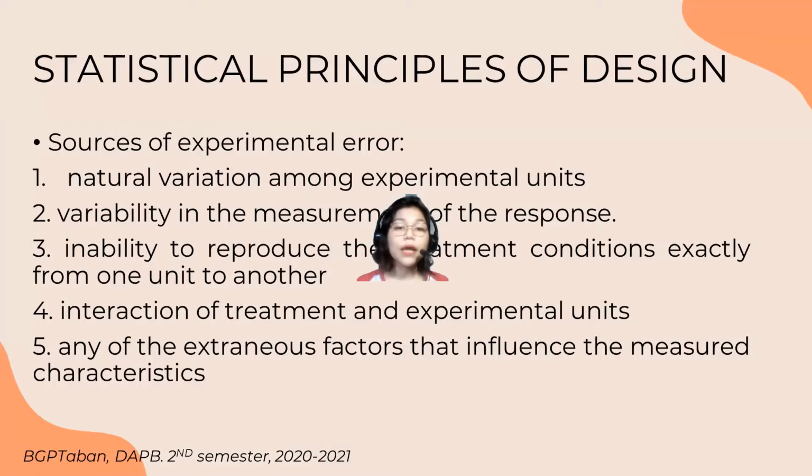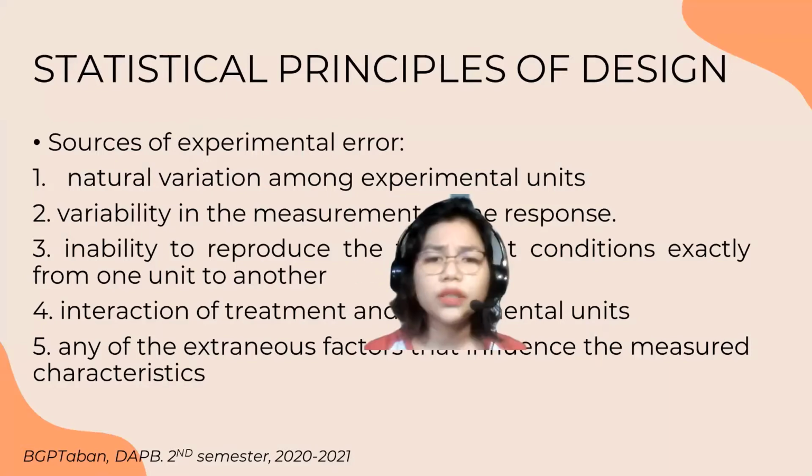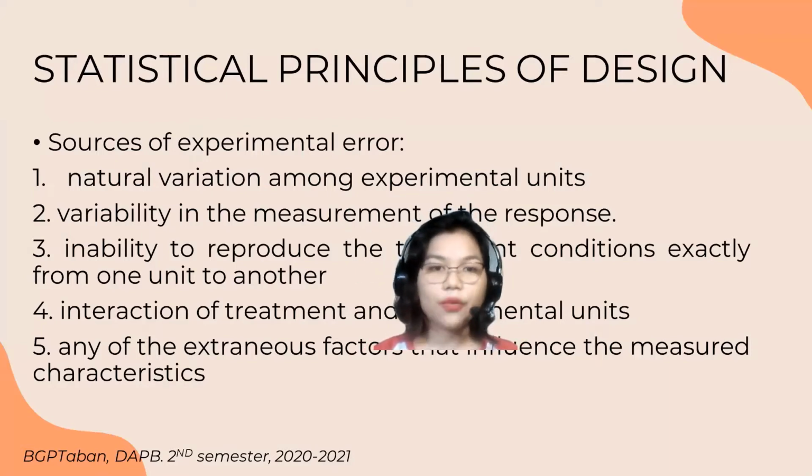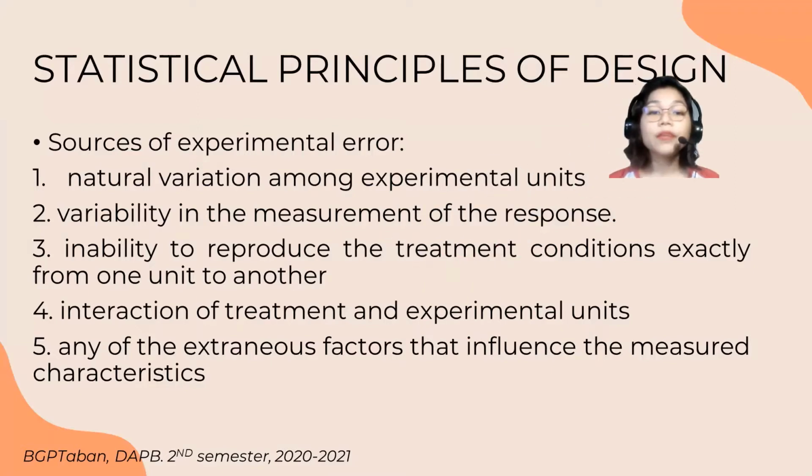Another thing. Now, let me ask you, what are the sources of experimental error? So we have here the natural variation among experimental units. When we talk about natural variation, the researcher has limited control over this.